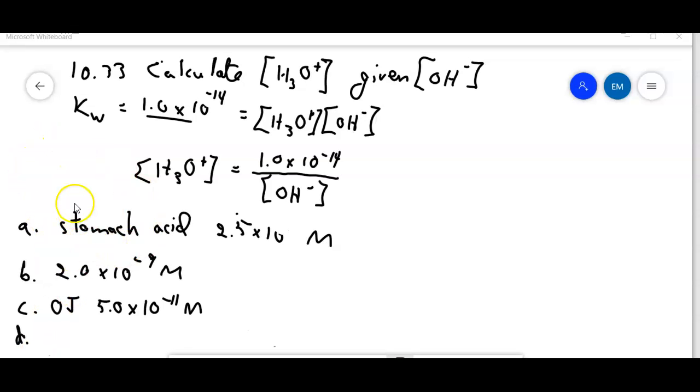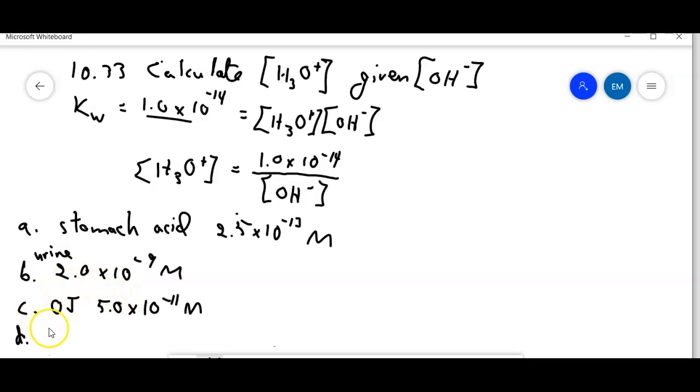See, I just caught myself doing something I've seen a lot of people do on homeworks. You're probably not going to see anything like that using the Pearson site, but I was actually mixing 1033 with 1032. So this stomach acid is actually 2.5 times 10 to the minus 13th, and there's 2.0 times 10 to the minus 9th. That's urine. Okay, that's correct.